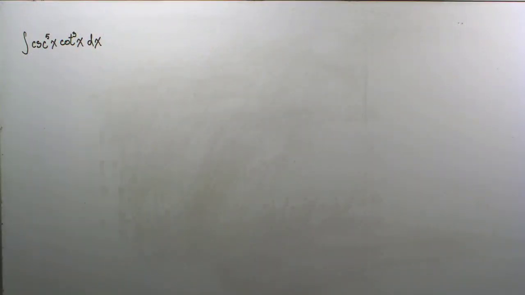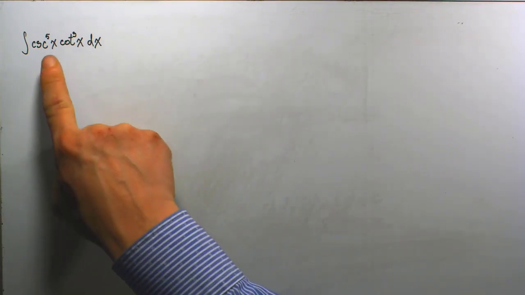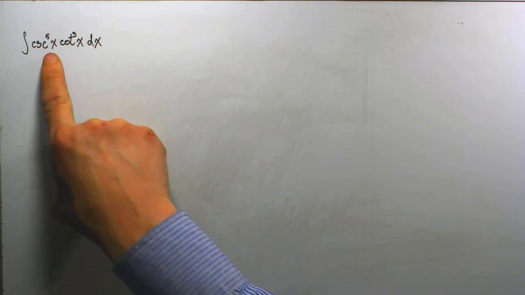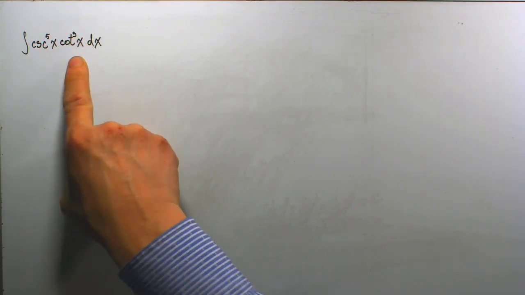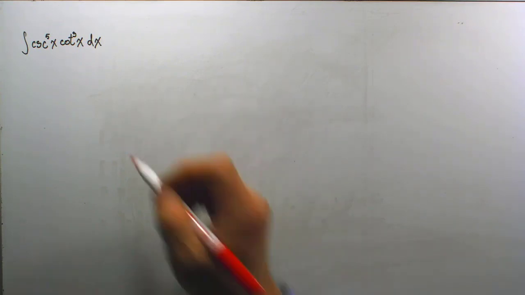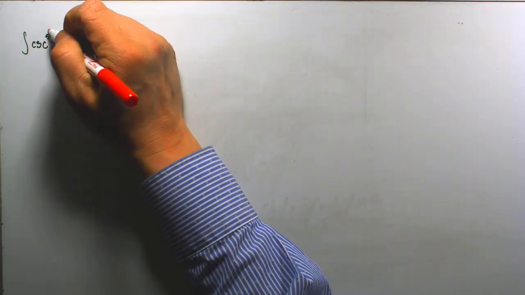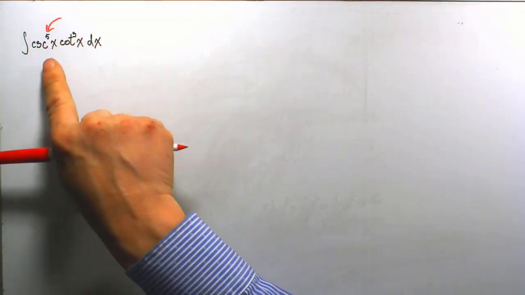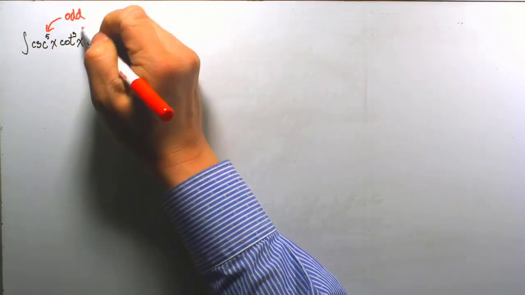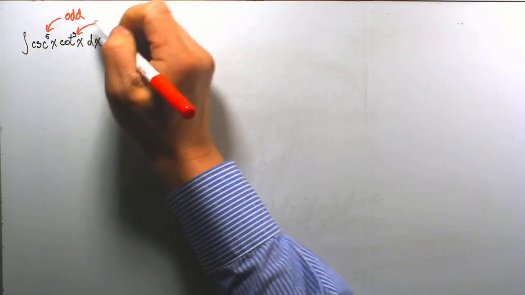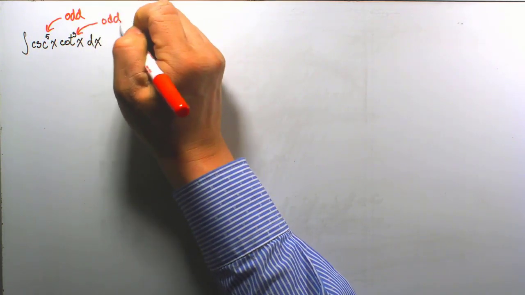In this example, we are looking at a trig integral with a power of a cosecant multiplied in product with a power of a cotangent. Furthermore, we recognize that we're in the case where the power on the cosecant is odd, as well as the power on the cotangent.